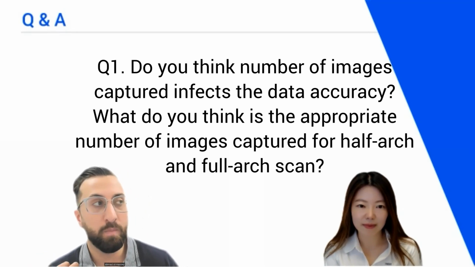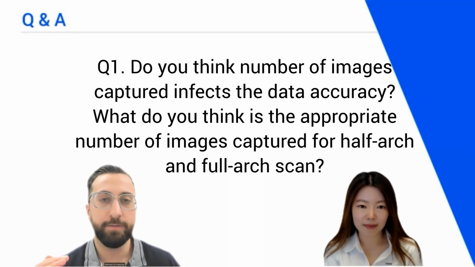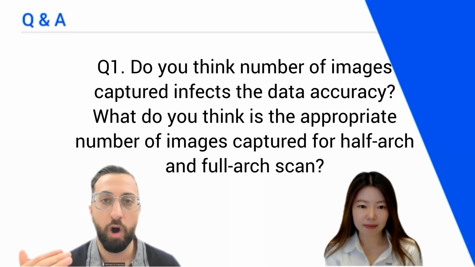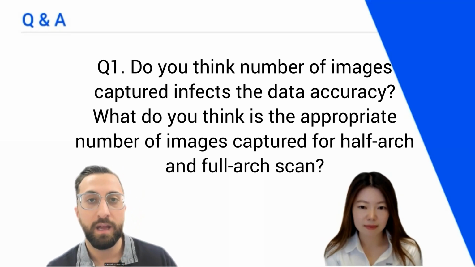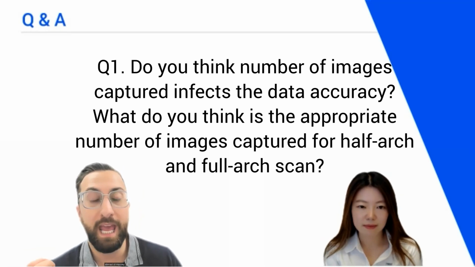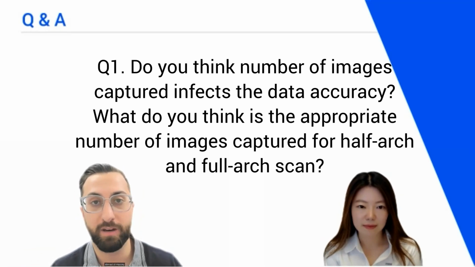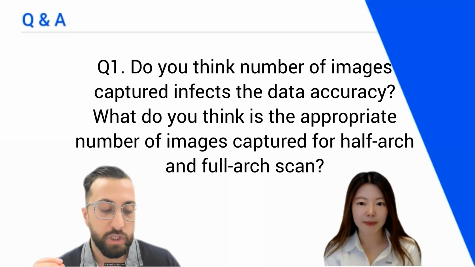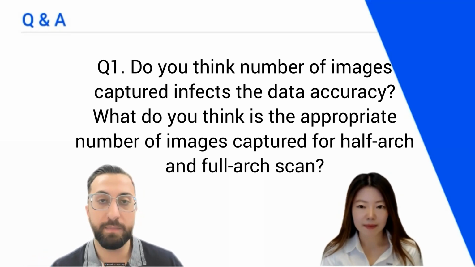And logic would dictate if you're just scanning the same area over and over and over, and the software is trying to keep adding these images on top of each other, it most probably can include some sort of inaccuracy. In terms of how many are the ideal images, I think it's just to do with time, to be honest.